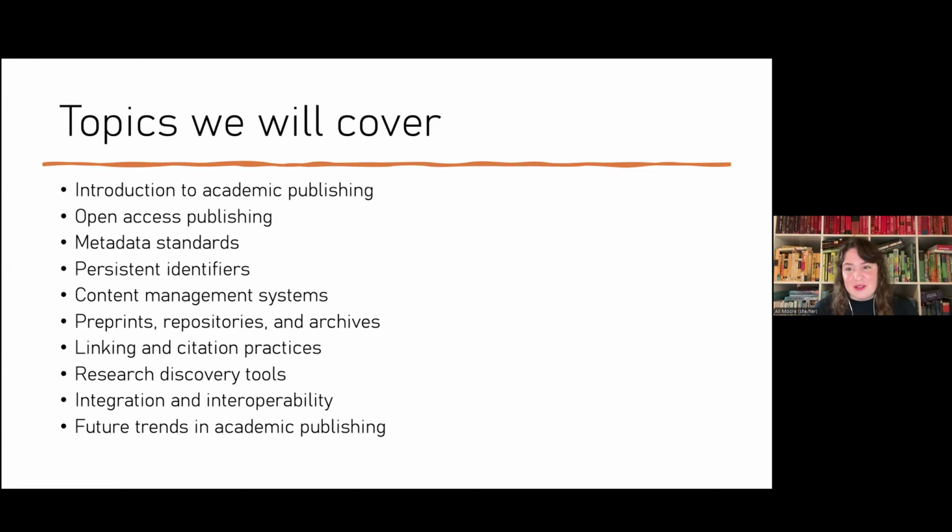Why is it that you're able to go and see why a particular article or paper has been cited, who it's been cited by? All of those things rely on a variety of important and often overlooked pieces of scholarly infrastructure.